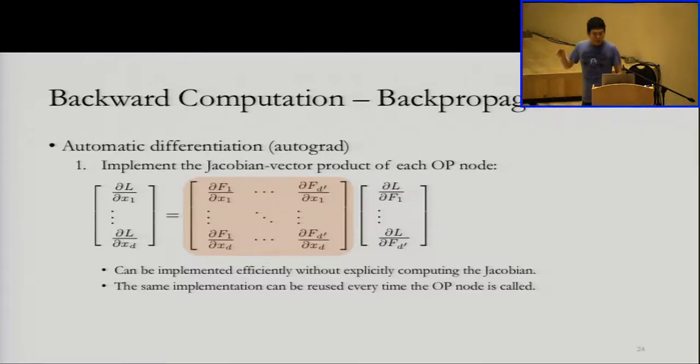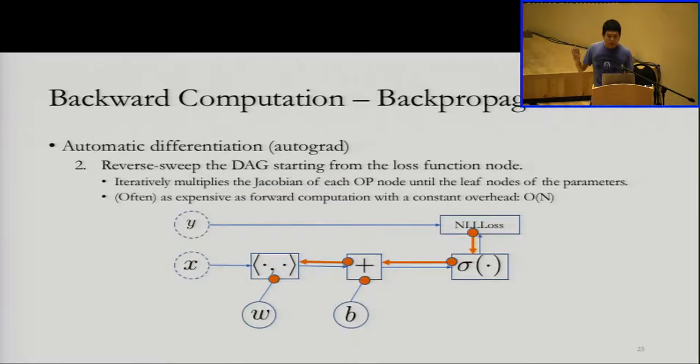Now, the nice thing is that all these things have already been implemented in awesome frameworks like PyTorch, TensorFlow, Theano, and so on. What it means is that all you need to do is build the forward computational graph that goes from the x, y, and the parameters all the way to the loss function, and then ask your framework to please compute the gradient of this loss function with respect to my parameters.